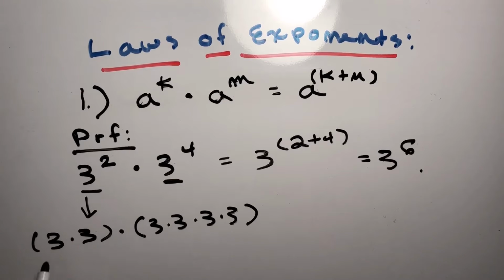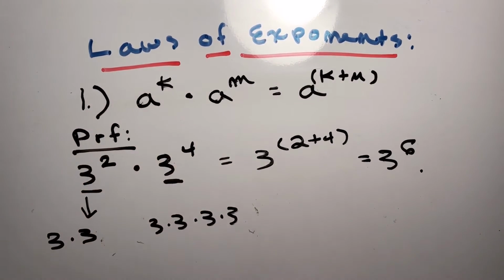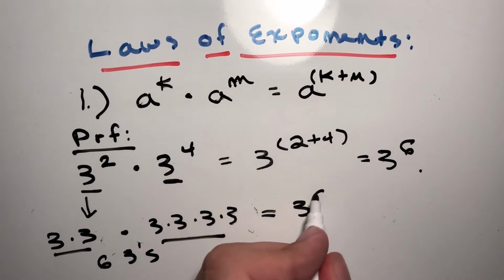Because simplifying this expression down, if we were to remove the parentheses, which I'll do now, then we see that all we have here, and we can see it explicitly now, is 6 threes all being multiplied by one another. And so, well, what's 6 threes being multiplied by one another? Well, that's just 3 to the 6th.